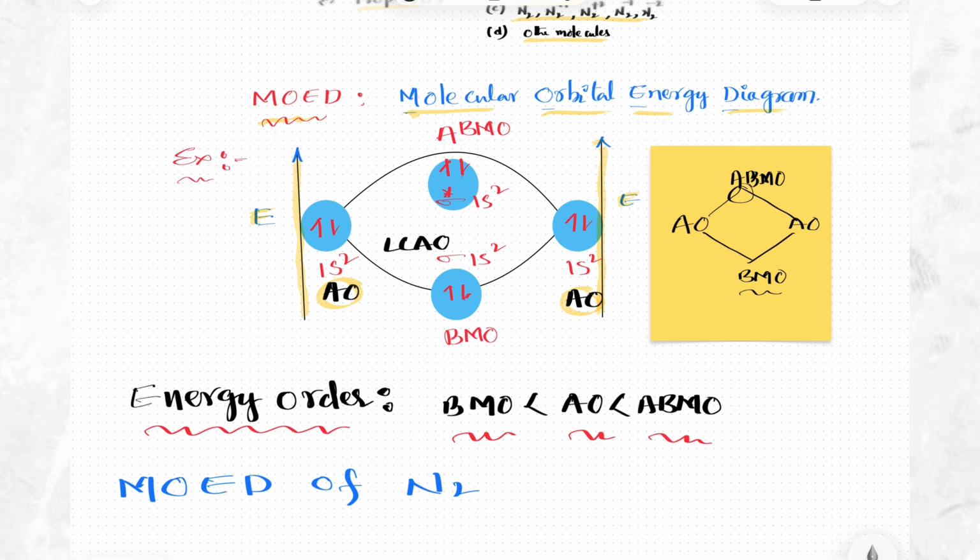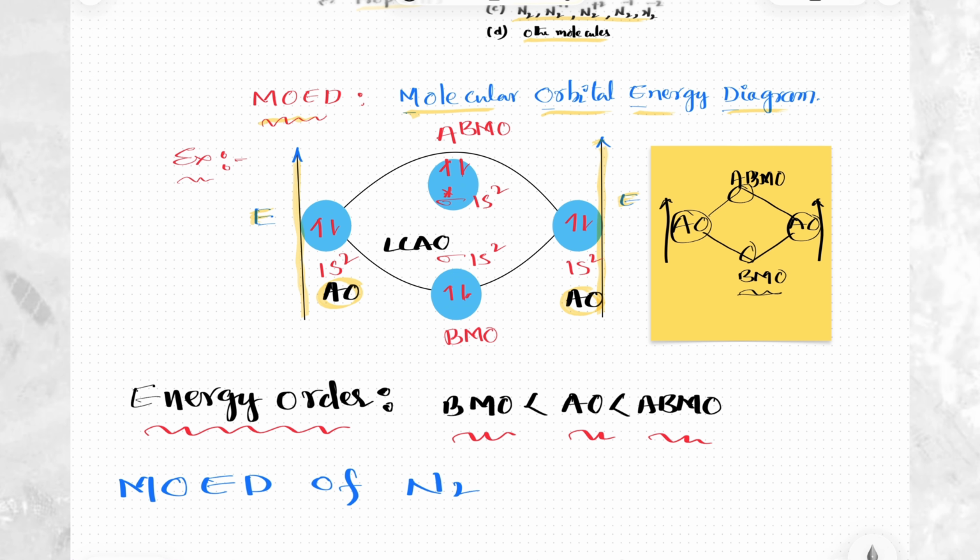So this is called the MOED diagram. Whatever electrons are there in the atomic orbitals enter into the molecule. That is called your bonding molecular orbitals. And the opposite of this is the anti-bonding molecular orbital.